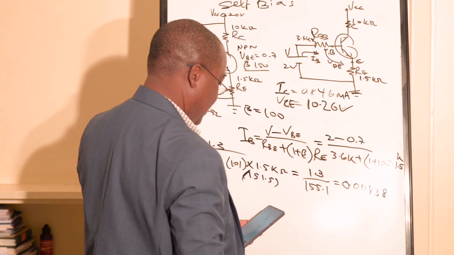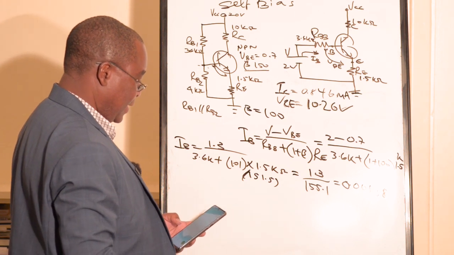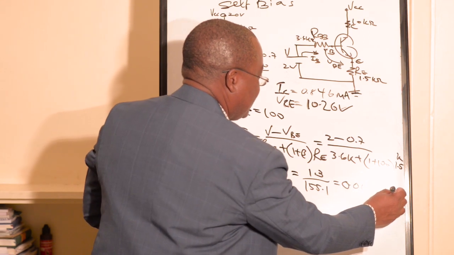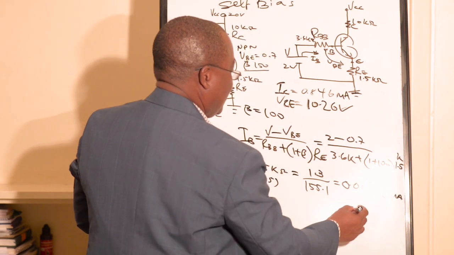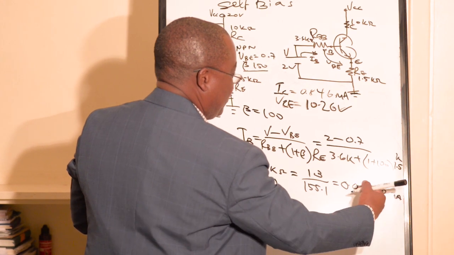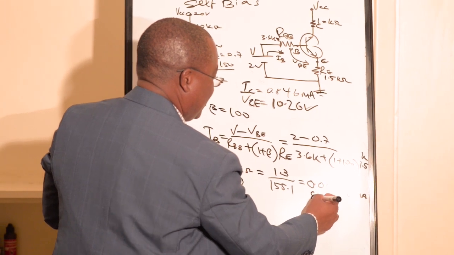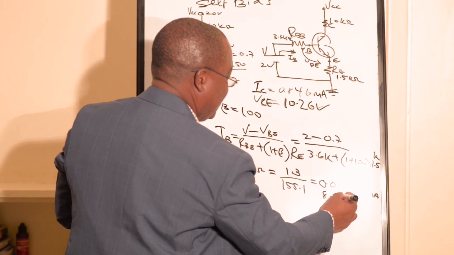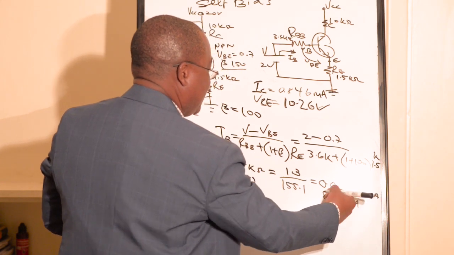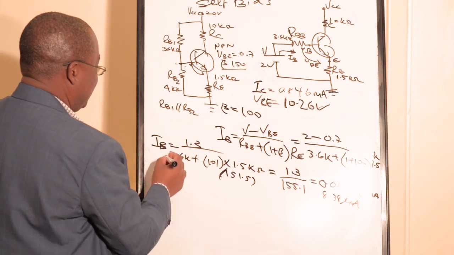0.00838. This is a milliampere, so you can also put it in micro. You move 3 decimal points to 8.38 micro. You can have microampere, but this one is a milliampere. So this is our IB.